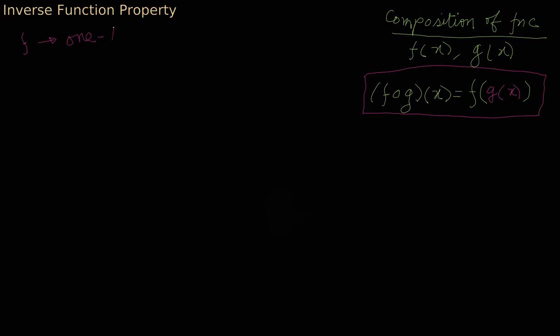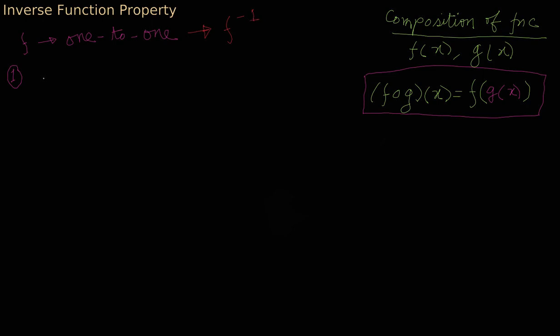So that is given. Now, if f is my original function, what will be my inverse function of f? The inverse function of f will be f superscript -1. Okay, so that is the symbol for the inverse function.